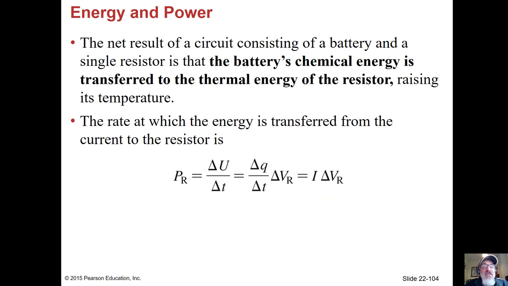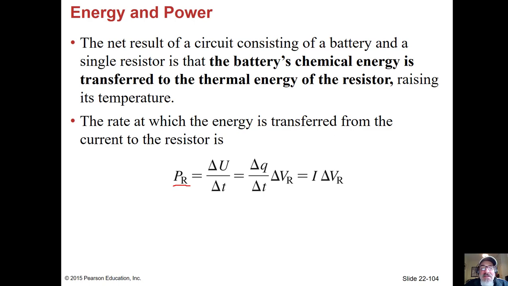Okay, so the net result of a circuit consisting of a battery and a resistor is the battery delivers the power, and it's going to be utilized in the circuit. So the power that the battery provides is used in the resistor. So that's what we have here. The power that the resistor gets is going to be the same thing that the battery delivers.